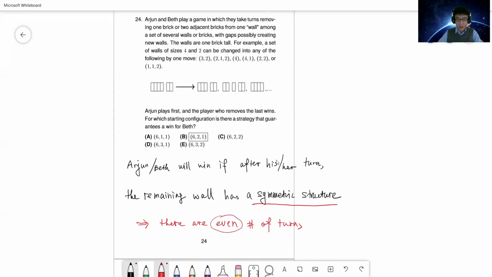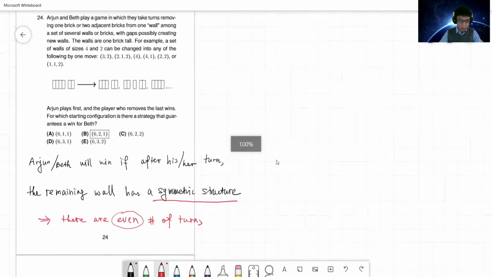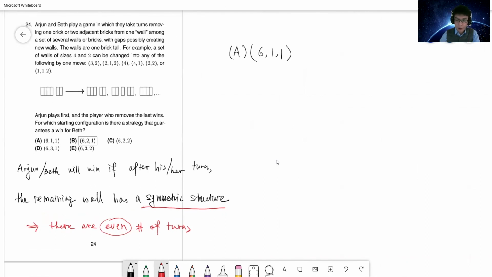So let's take an example to show this idea. For example, we can take A. We start from 6 1 1. For A, Arjun has the strategy to win because after his turn, he can make the structure symmetric.